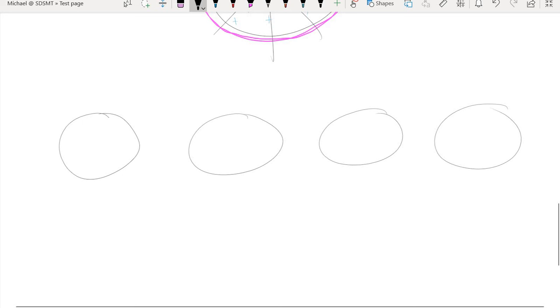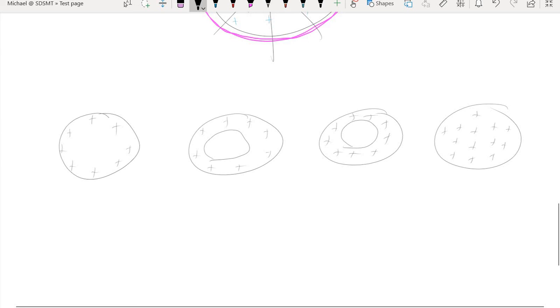We had the solid conductor, we had the conducting shell, we had the insulating shell, and then we had the solid insulator.